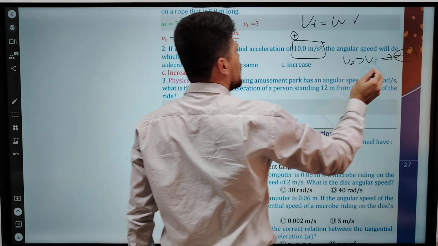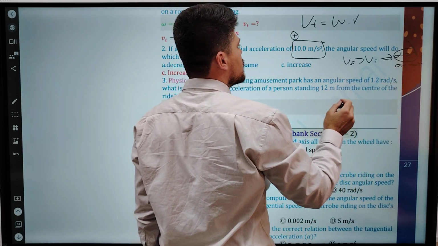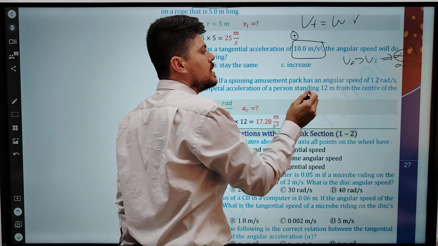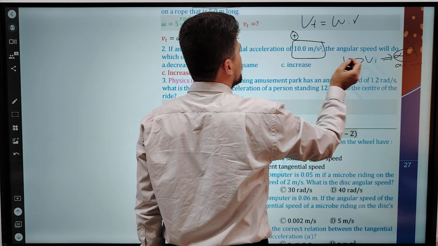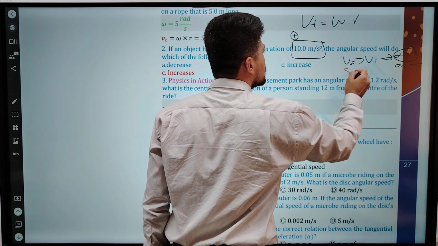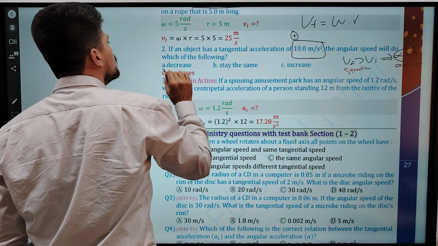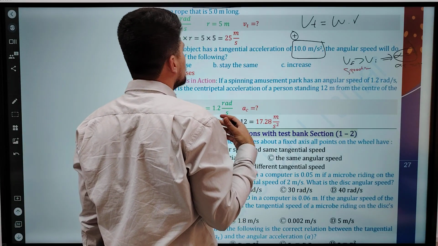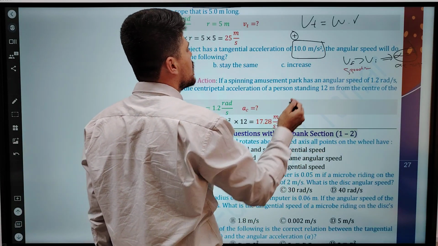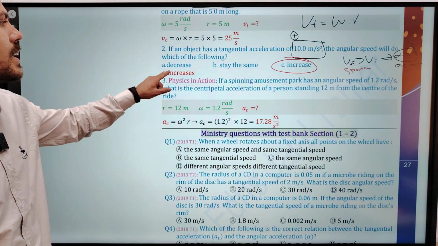Or tangential acceleration is also positive. In this case, V final is bigger than V initial, so is this speeding up or slowing down? This is speeding up. So what happened? So we do which of the following? The object increases the speed or decreases or stays the same? Absolutely it should increase.